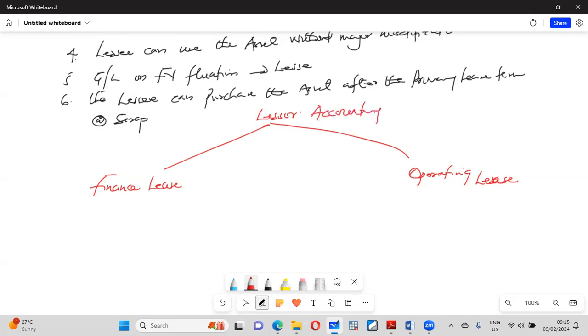Now, if it is a finance lease, then it means that the asset is kind of transferred. It's like you've sold it in disguise. So it is the mere opposite of lessee accounting.